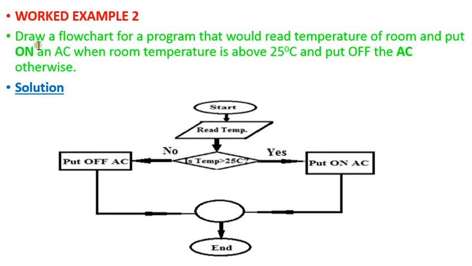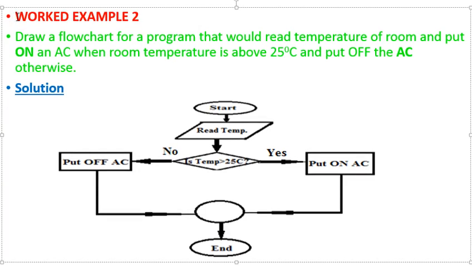Now let us look at another worked example, which is worked example number 2. We know that example is better than precepts, so let us take example number 2 so that it can help us to really understand the concept very well. This example is saying we should draw a flowchart for a program that will read the temperature of a room.